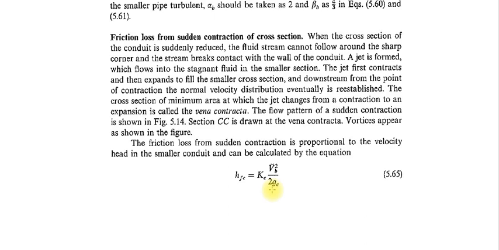If you are using the SI unit, this gc will not come. So for the SI unit, the equation will be hfc equal to Kc multiplied by Vb square by 2. Be careful: gc will come only in the British unit, not in the SI unit.